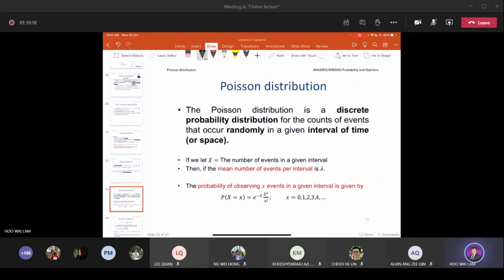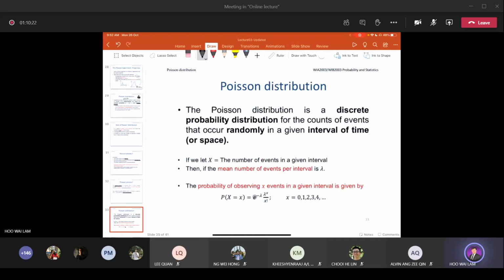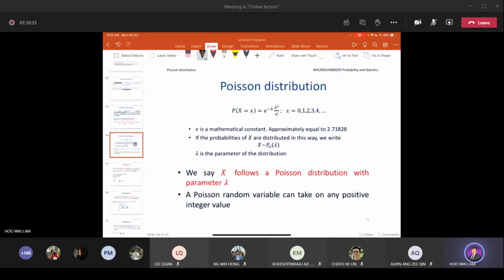And why can we have this kind of curve, okay? It's because there's an exponential constant over here. Of course, if you study maths, then you know the exponential constant gives the shape of it, all right? The exponential is a mathematical constant, approximately 2.71828 and so on. And the probability should be written in this way, similar to the Bin over there. This one is Poisson, written as Po.